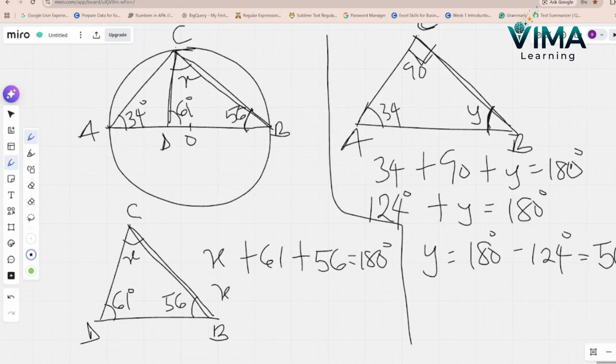So X plus 117 is equal to 180 degrees. X is 180 degrees minus 117 degrees.